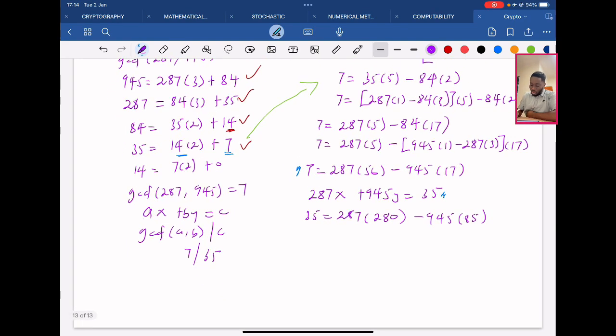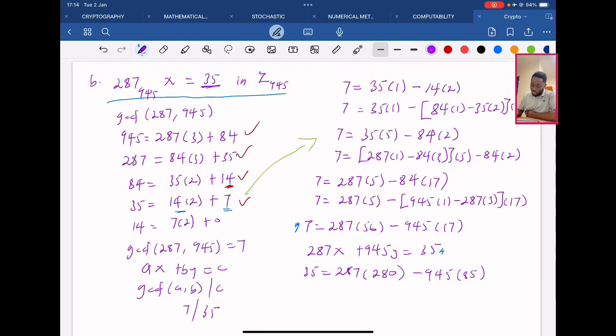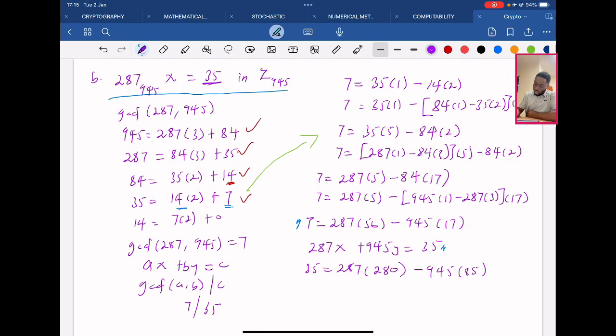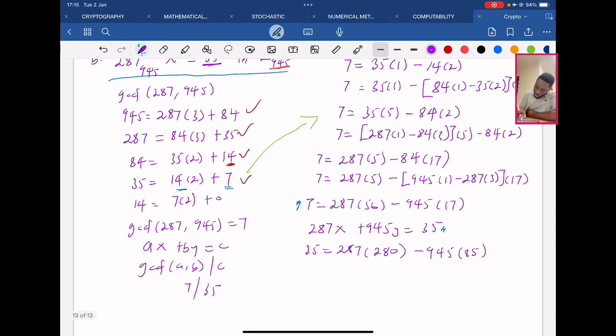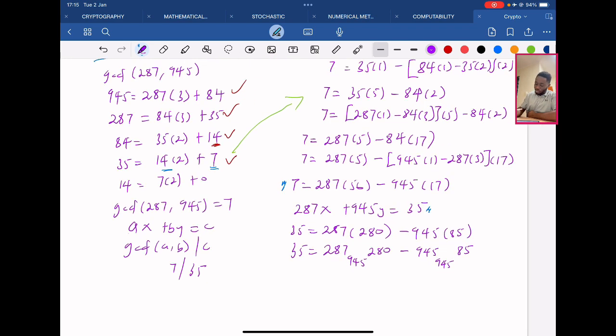Now, after getting this, don't forget that everything is in modulo 945. The question gave us everything in modulo 945. So in this case, we can write this as 287 modulo 945 times 280 minus 945 modulo 945 times 85.